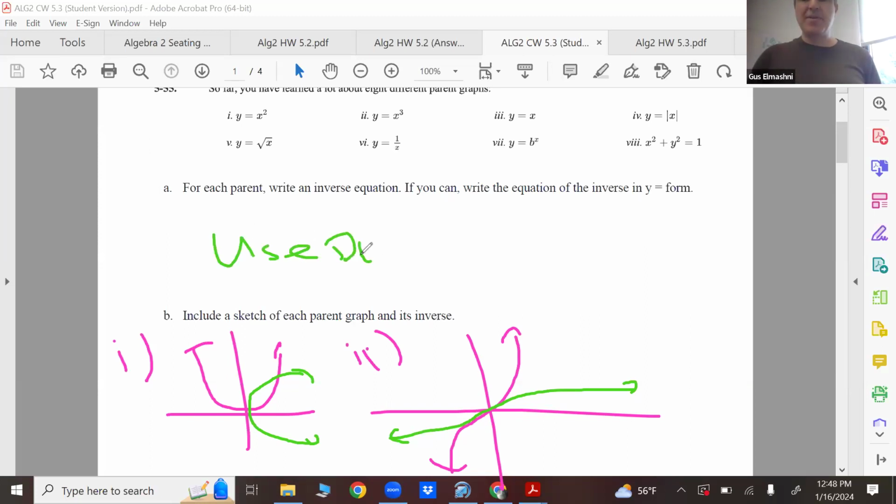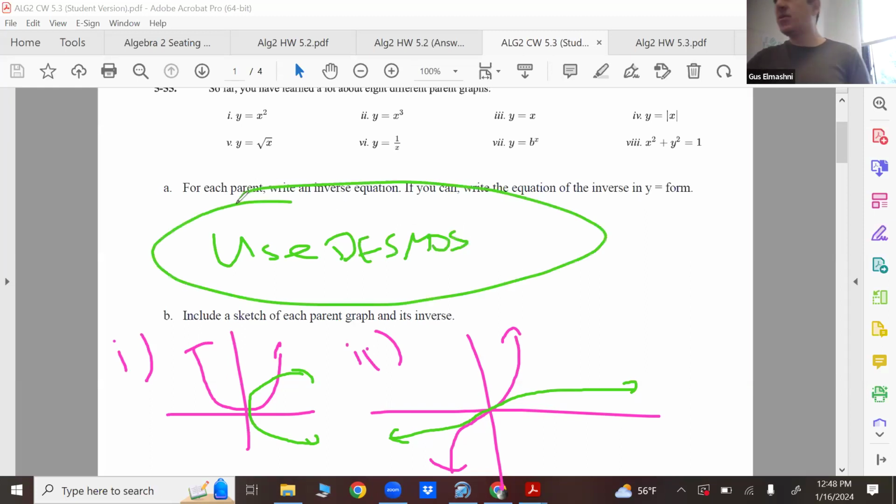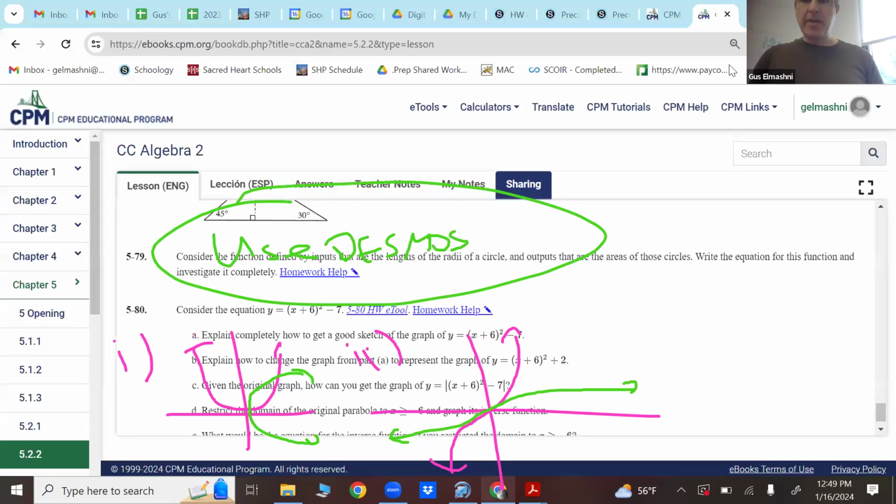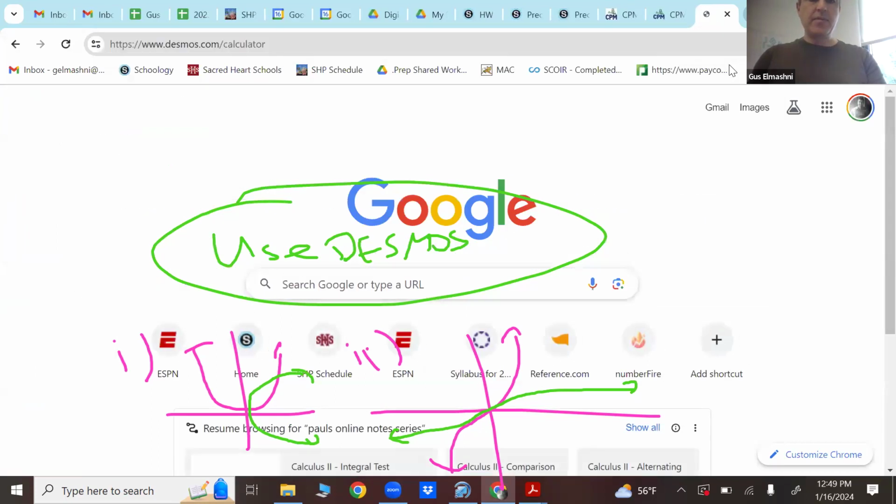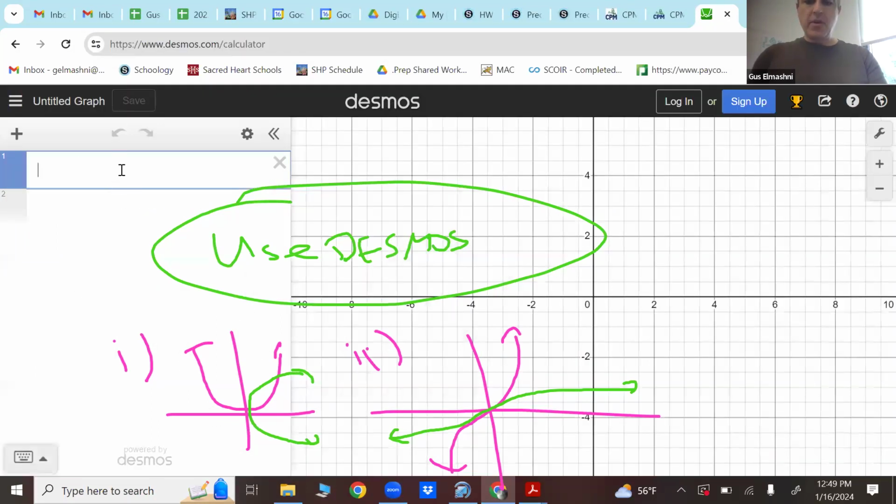And honestly, just use Desmos. That's totally fine. It's not a problem. By the way, on Desmos, you don't have to get y by itself and do the inverse. If you put x equals y cubed, it will know to draw that green curve for number 2. So if I go to Desmos right now, y equals x raised to the third power.